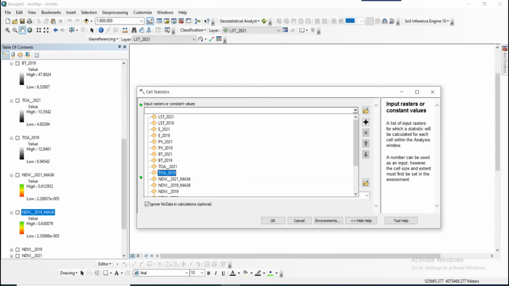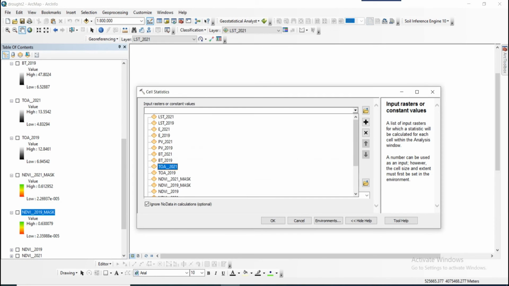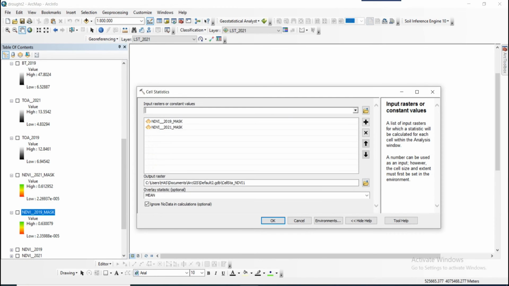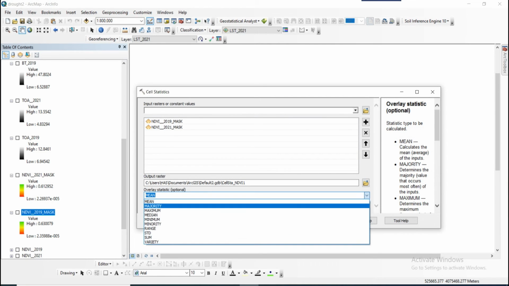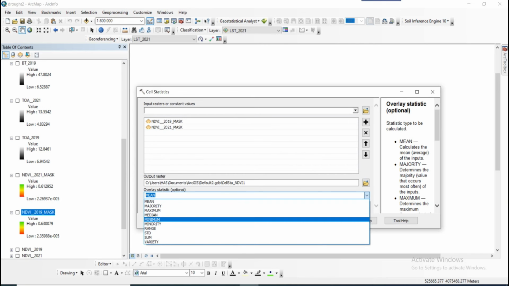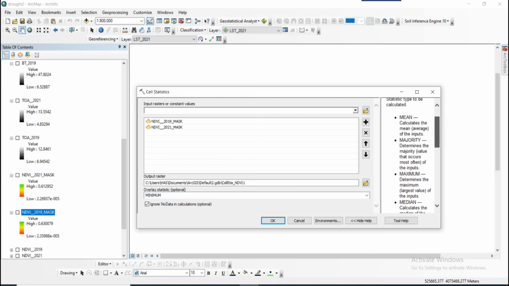We should put NDVI 2019 and NDVI 2021, and we tell this function to calculate the minimum value for these two images that we selected.